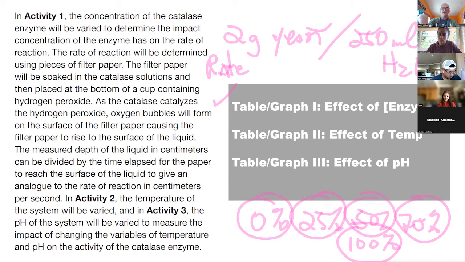So we're going to measure the distance in millimeters, and how much time it takes in seconds. So our rate of movement will be millimeters per second. Any kind of rate has to have some sort of distance or volume versus time. And that's going to be our reaction rate, the movement of the disc in millimeters per second.